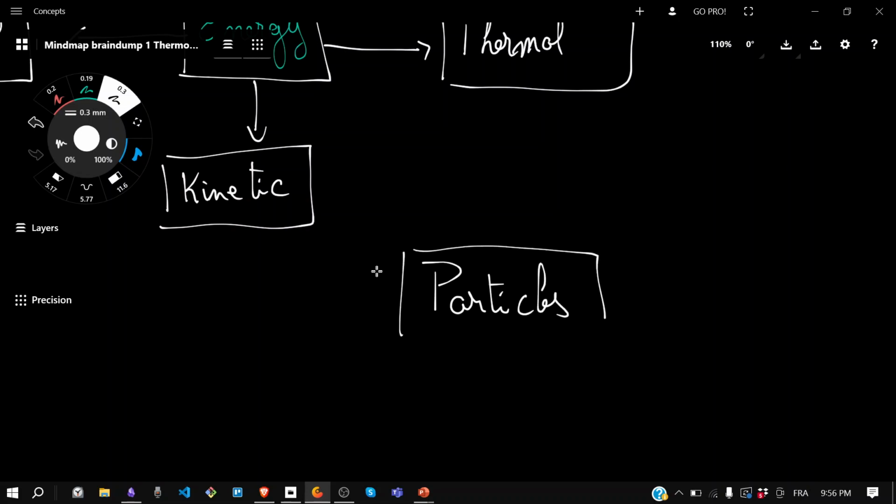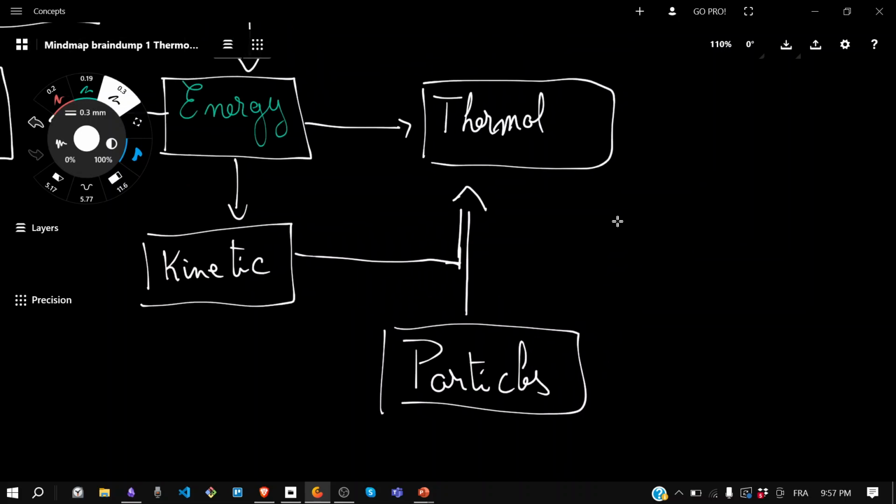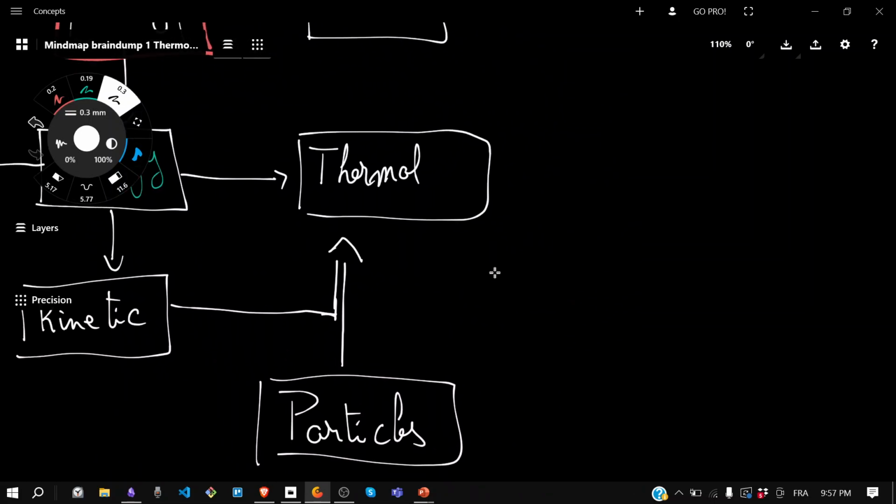And basically what I'm saying here is that kinetic energy of particles gives thermal energy. So basically thermal energy is the kinetic energy of particles. That's it. And when you have a soup, we can even draw a soup here.